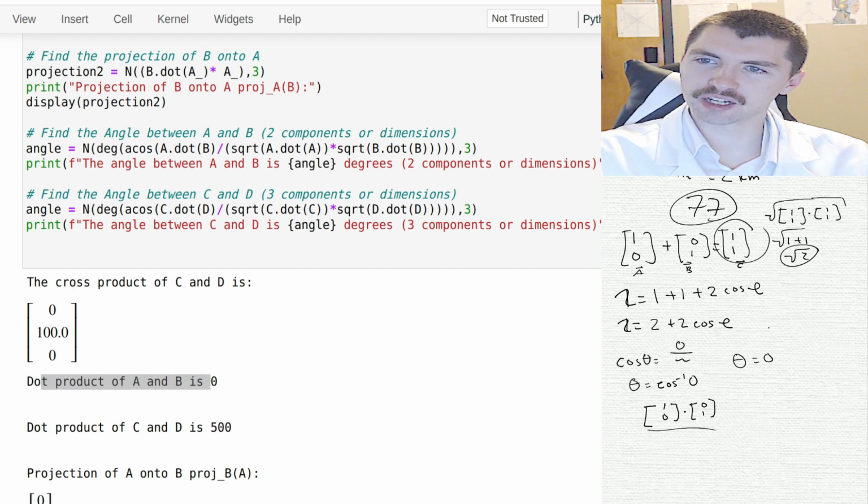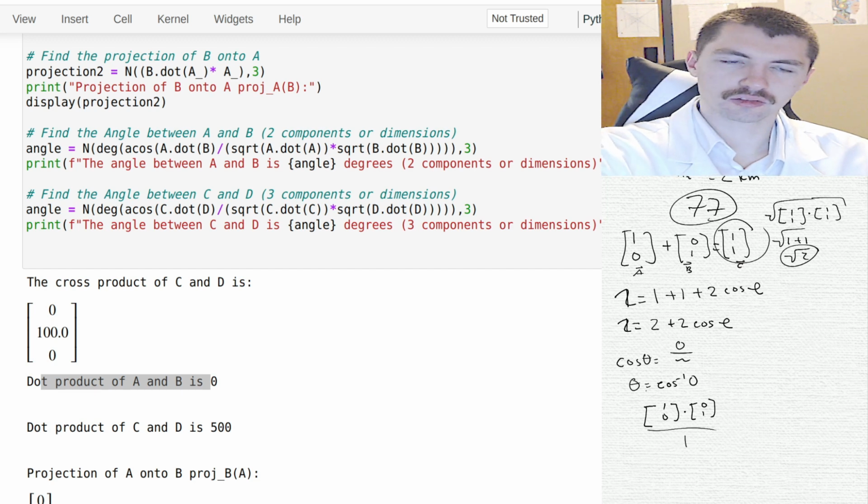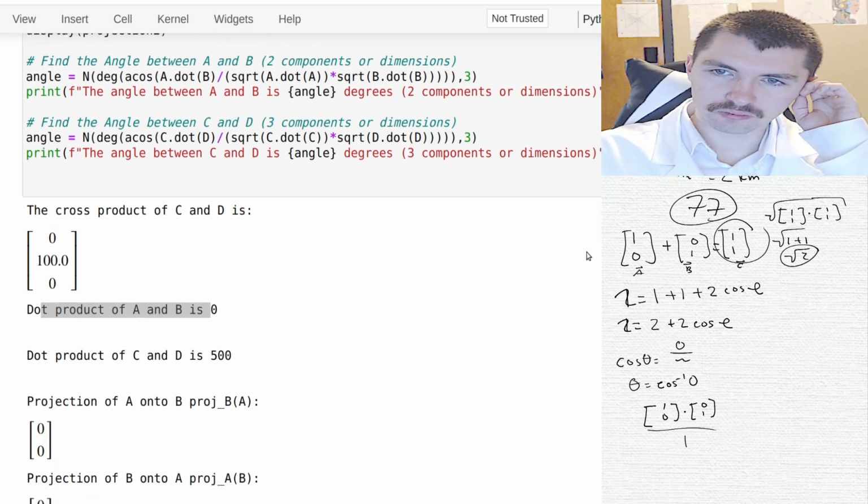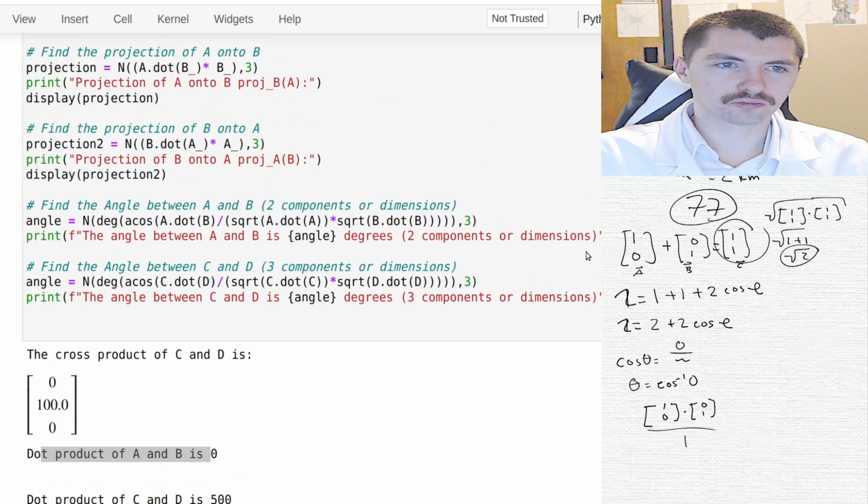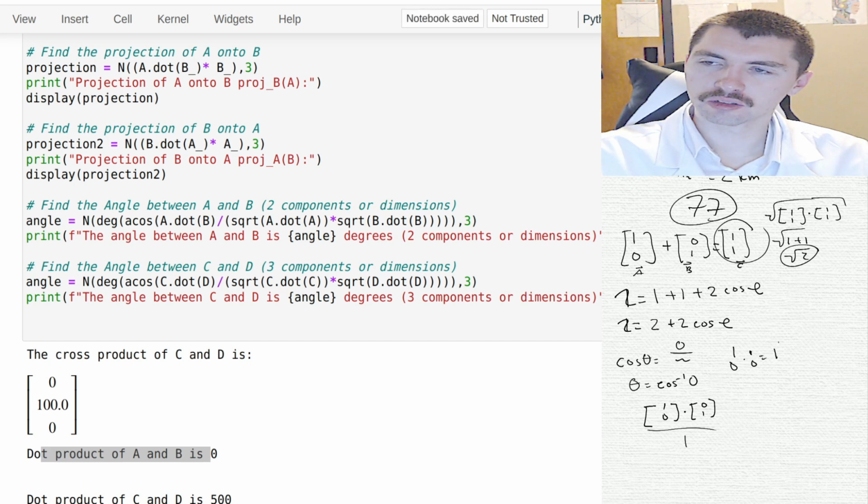No, the theta should be 90 degrees. Okay, what's A? Square root of A dot A. 1.